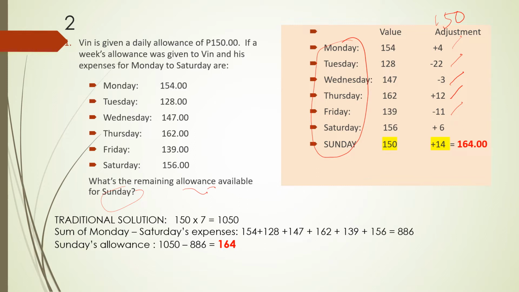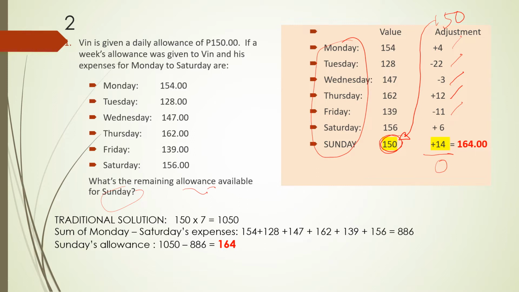Now, to compute for the remaining allowance for Sunday, the base value in here will be 150. So that 150 comes from that. And then what we need to do is to add up everything in here so that they sum up to 0. So how do we handle this so that we can manage these things?